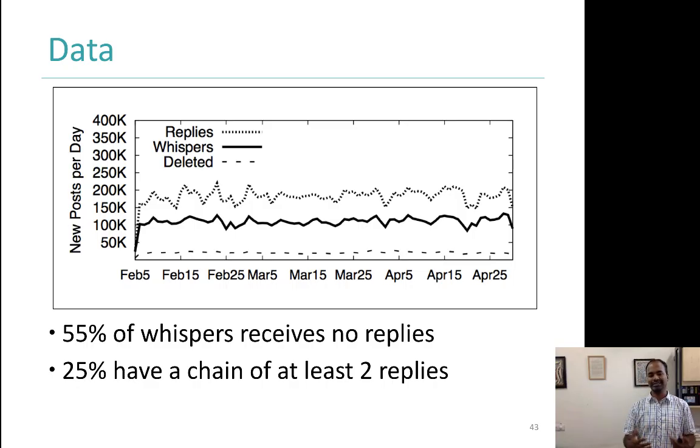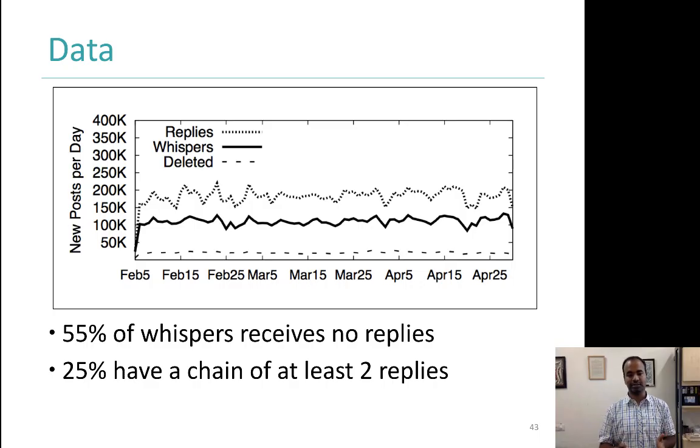We'll get to this deletion later, which is also an interesting problem. In Twitter also, in more recent studies in 2016, people have seen that a lot of content posted on social networks actually gets deleted for whatever reasons the users decide. So in Whisper's case, 55% of whispers receive no replies.